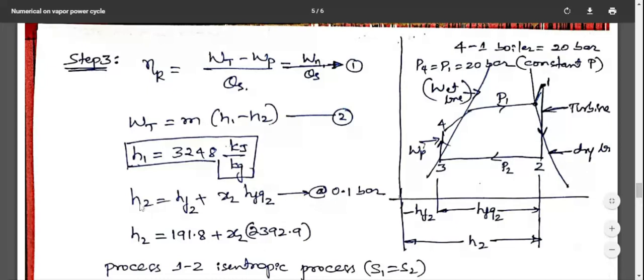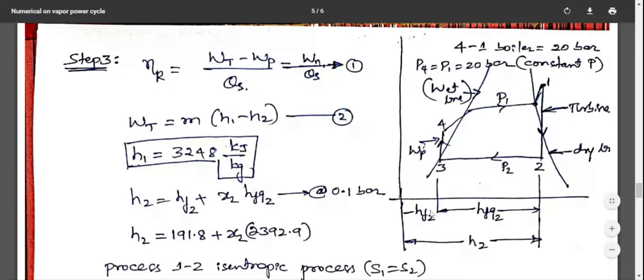So H2 is equal to, what is H2? Enthalpy at point number 2. So point number 2 is which pressure? It is condenser pressure here. So H2 is equal to HF2 plus X2 into HFG2. So for your purpose, I have written here H2 is equal to, because I am taking enthalpy at point number 2 here. So from here to here it is H2. So H2 is equal to this enthalpy, that is HF2. Don't look at point number 3 now. You look at only point number 2.